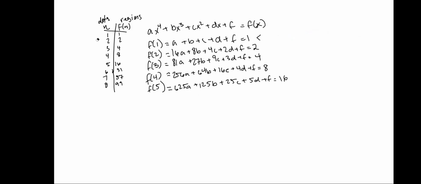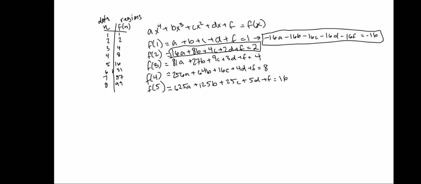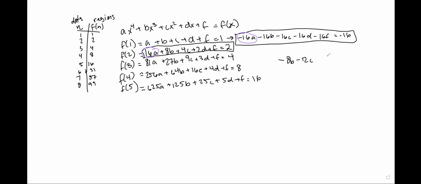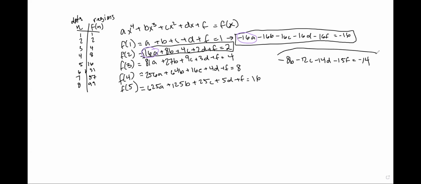We can also do elimination by multiplying. For example, I might multiply this whole equation by negative 16 and then add these two equations together, where that negative 16a and that positive 16a are going to cancel out. That would give me a new equation, and I can decide if I want to do substitution or elimination and try to start canceling things out in other equations.